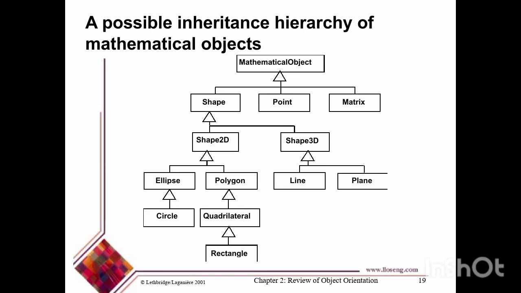Rectangle is the subclass of quadrilateral, and quadrilateral is the subclass of the superclass polygon. Shape 3D is again the superclass of the subclasses line and plane. So this is another example. You can write any one example, maybe the simpler previous one, or you can write this also.